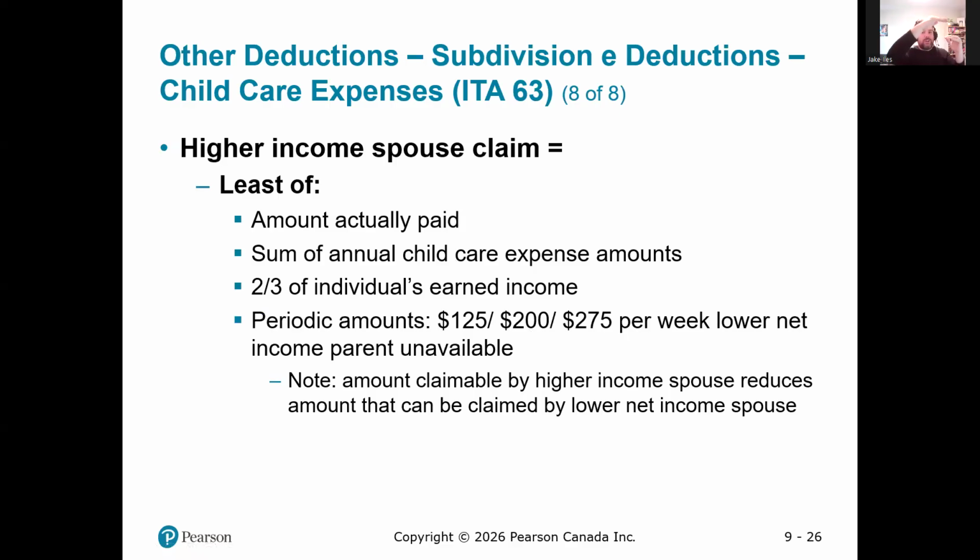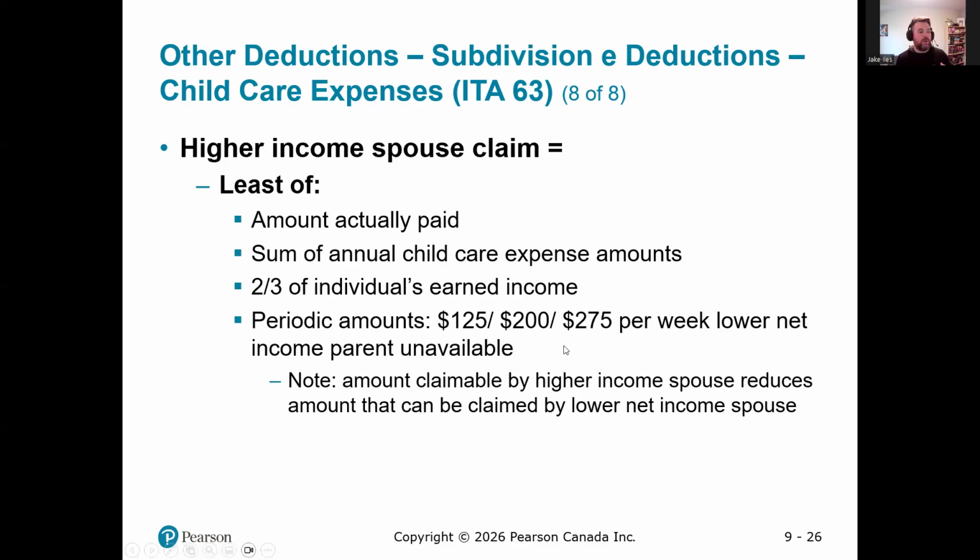So $2,400 can be claimed by the higher net income person, but the remaining 7,600 needs to go to the lower income individual. So I've paid 10, a certain amount is allocated to be able to be claimed by the higher income individual for the number of weeks they were required to provide the care. When the lower net income individual was available, the rest of expenses will go to them.